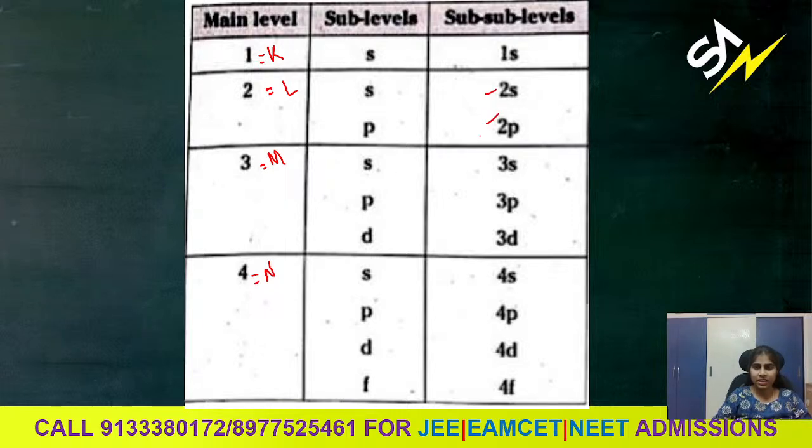For every sublevel there is the number of the main level before it. For 3 we have 3s, 3p and 3d. For 4, 4s, 4p, 4d and 4f are present.